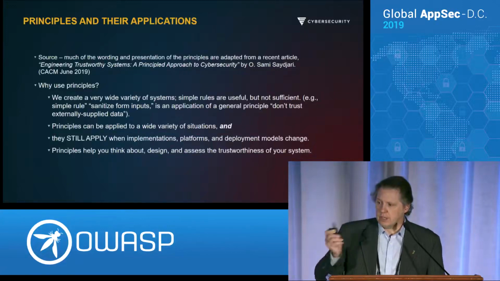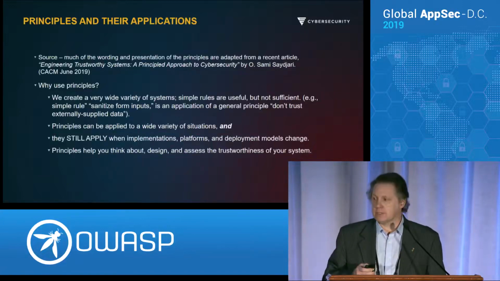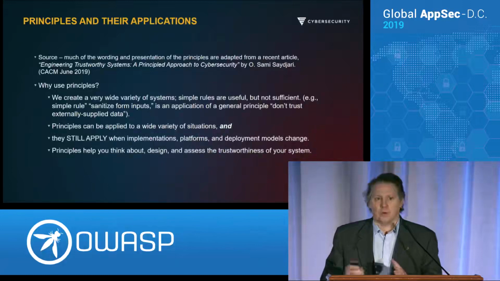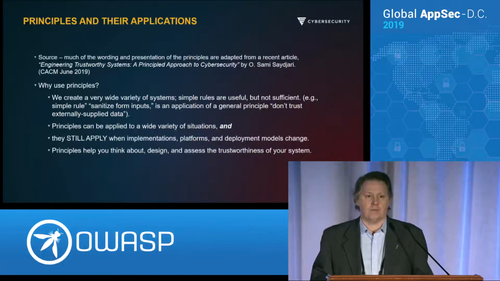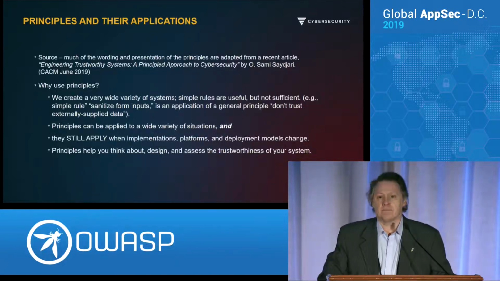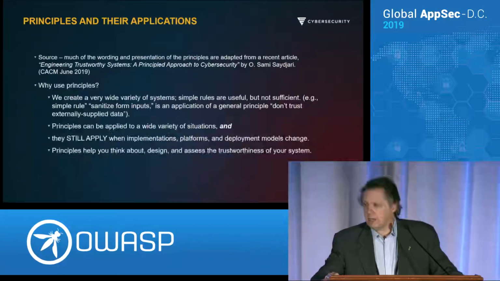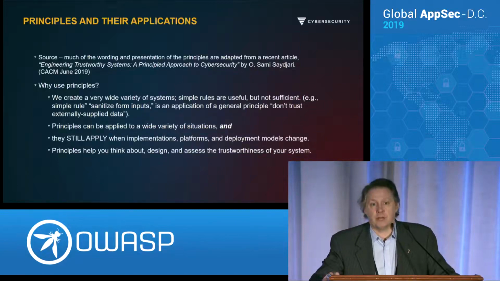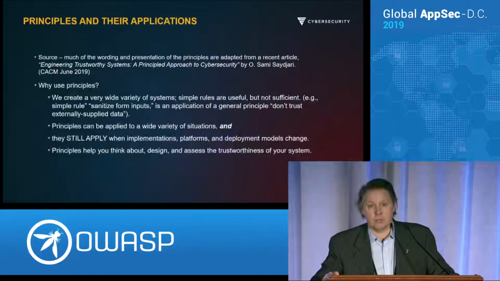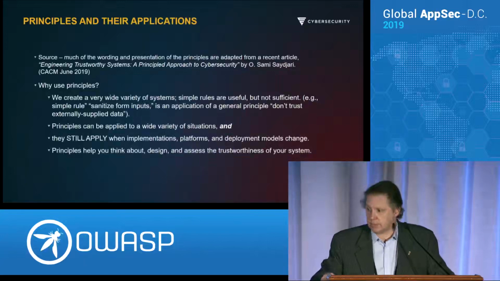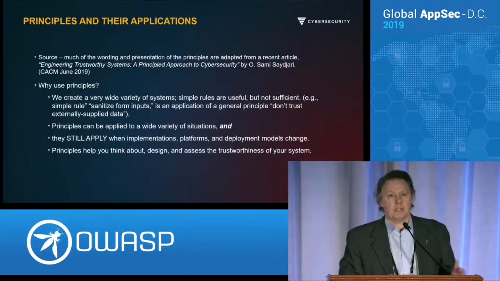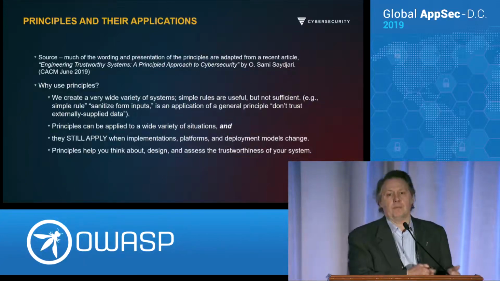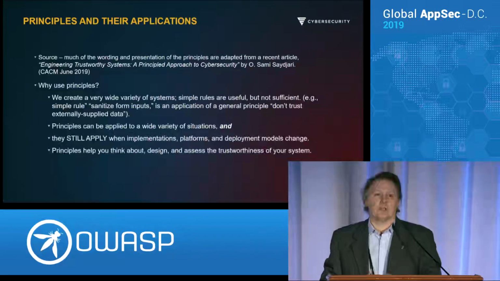So we create a very wide variety of systems, and simple rules are cool, right? You know, validate your form inputs, remember to log key events, all good, but it's not sufficient. If you're going to be engineering complex systems, you need rules that are general and applicable to those complex systems, right? So sanitizing form inputs is a simple rule of thumb that derives from a more general principle of don't trust externally supplied data.